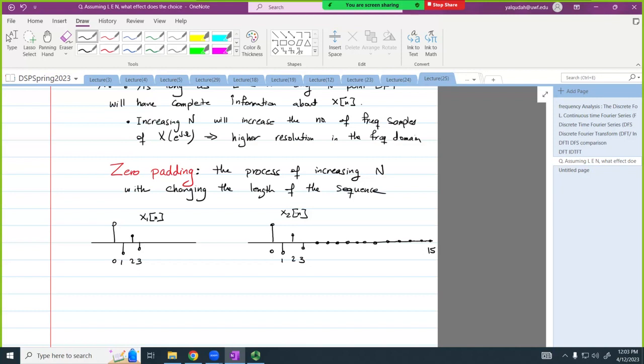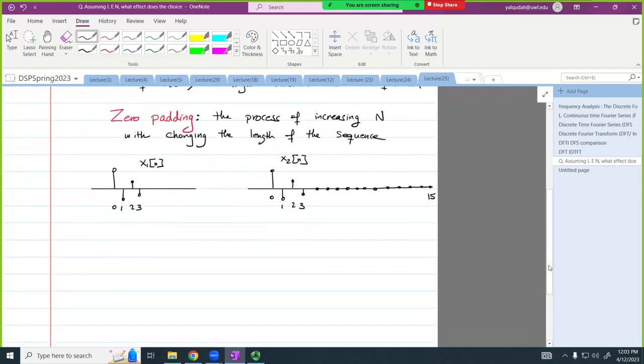Now if I calculate the discrete Fourier transform, I'm going to choose n equal to 16.